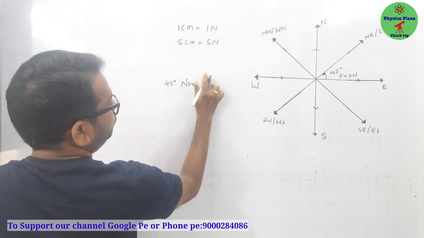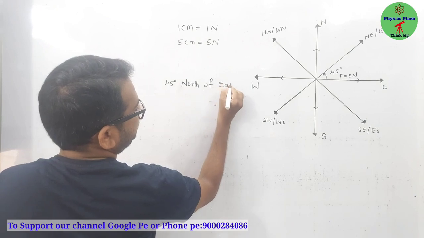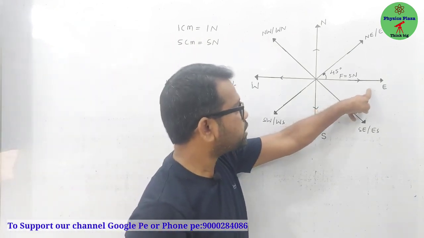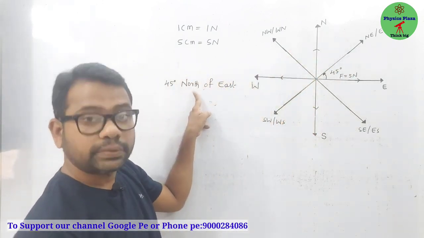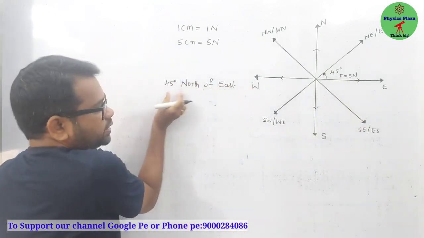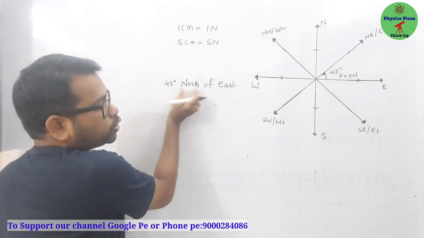From where? East. Children, very important, very simple to understand. So we are moving east to north. The "to" should come first. Then from where you are coming? East. So this is 45 degrees north of east.